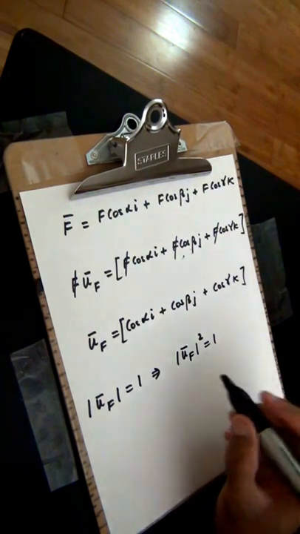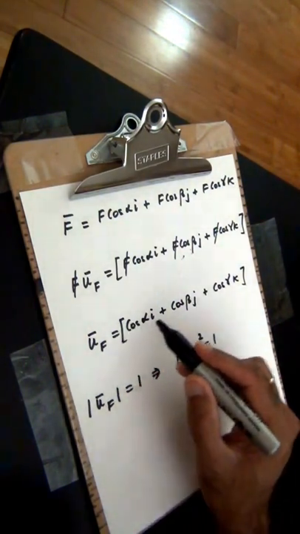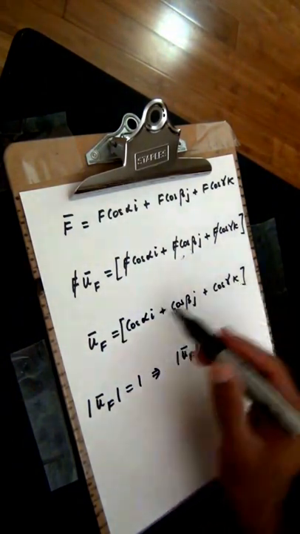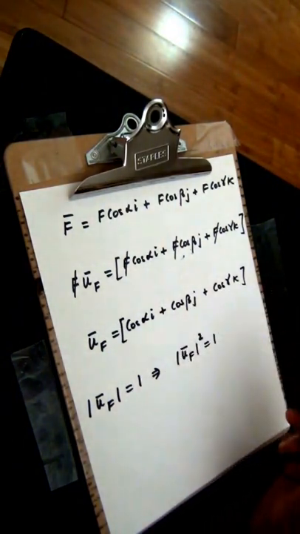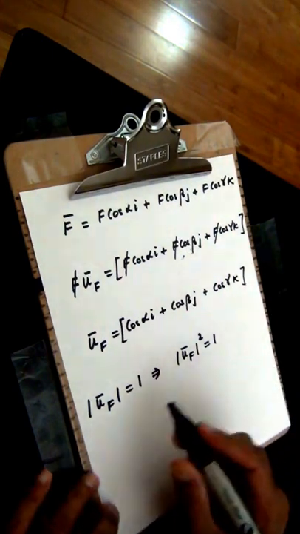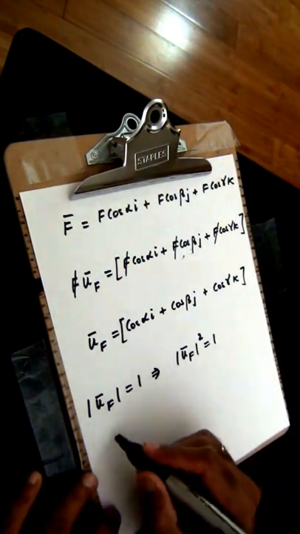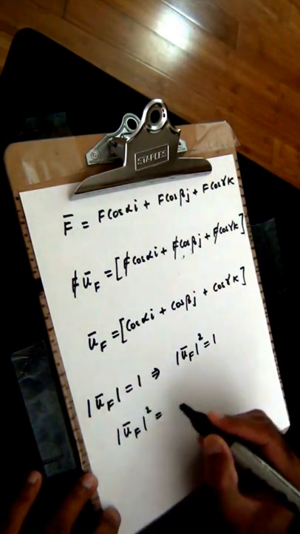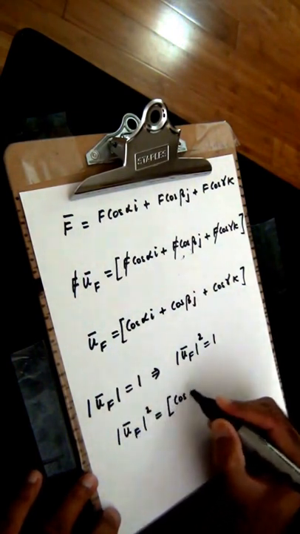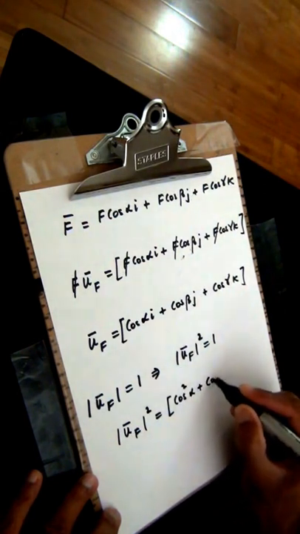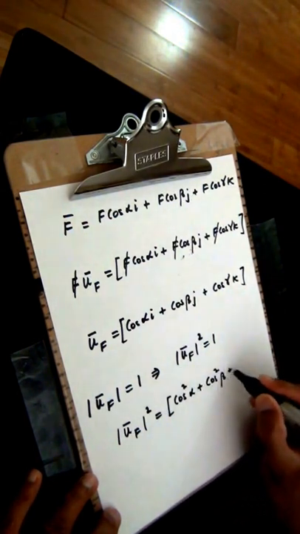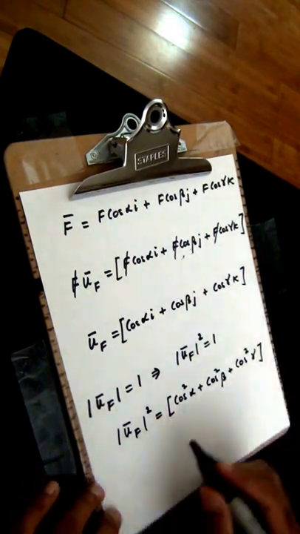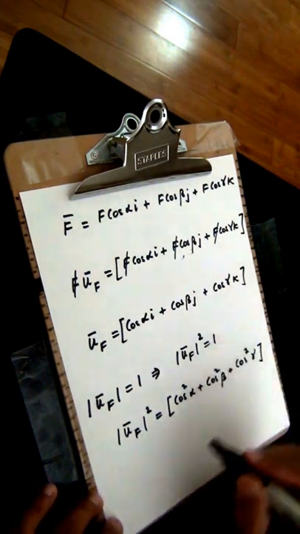Essentially all I'm going to do is take the magnitude of uF, making use of this expression here, which is going to be the square root of the sum of the squares of its components, but I'm squaring this, which means that I can get rid of the square root, and so essentially I'm going to have the following. So magnitude of uF squared is going to be cos squared alpha plus cos squared beta plus cos squared gamma, and the magnitude of uF squared is equal to 1.